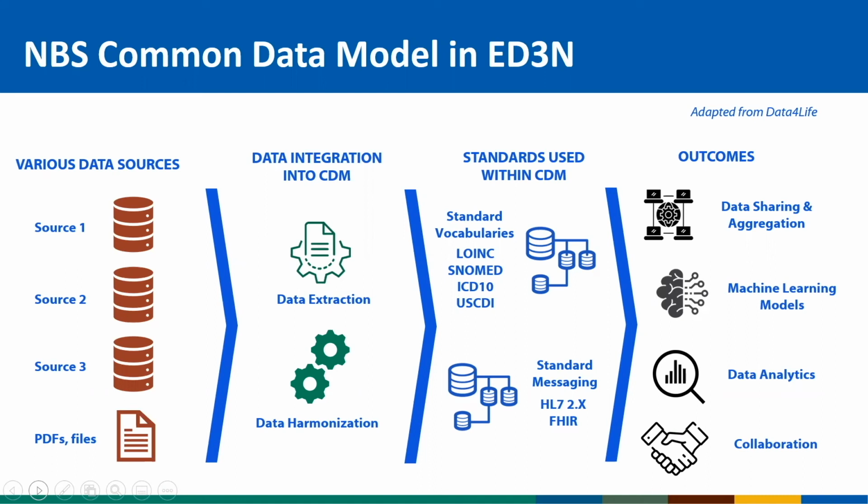And having this agreed upon model for data structure and transfer allows for a number of really important outcomes, including the ability to more easily share and aggregate data, which in turn allows for the use of more robust data analytics, including more powerful machine learning models, and really overall better collaboration across the country in using newborn screening data to improve detection and understanding.